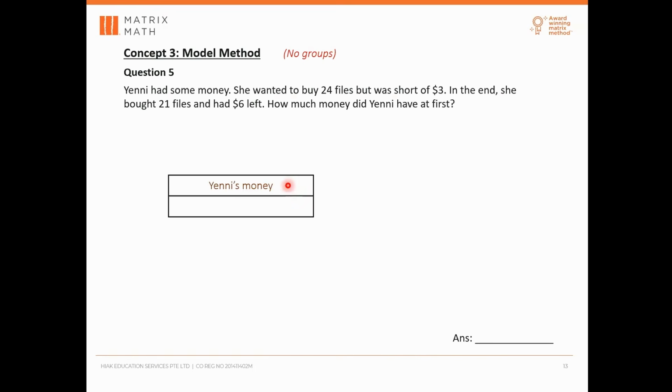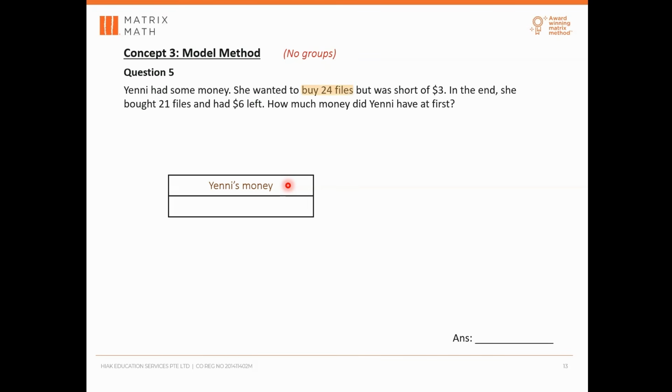The top one is the first scenario. The second one is the second scenario. You start off with an equal amount. That's why there are two bars of equal length. In the first scenario, she wanted to buy 24 files, but was short of $3. Is this $3 within the money that she had, or is it the extra that she needed? She's short of $3, so this $3 is not part of the original.